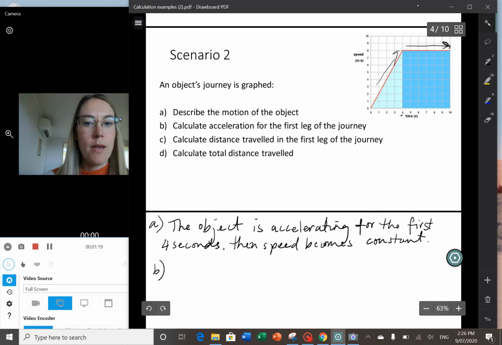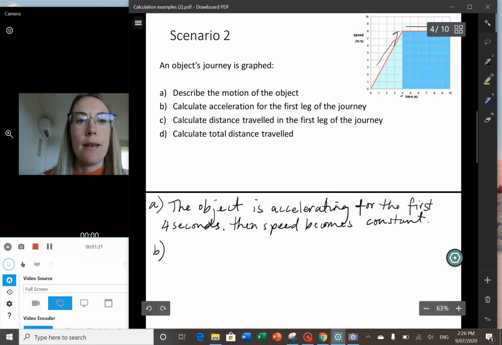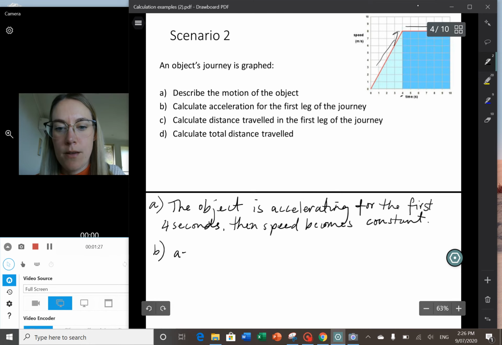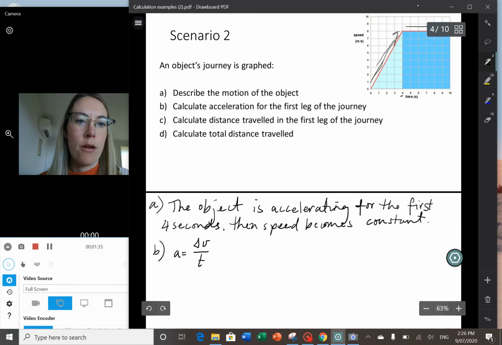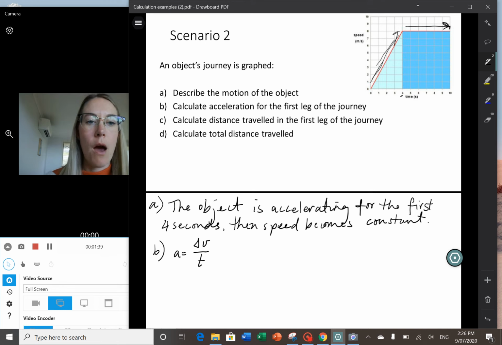In part B, we are asked to calculate acceleration for the first leg of the journey. Acceleration is equal to a change in velocity over time, and we're being asked for this first leg of the journey, so this triangle area here in the light blue.